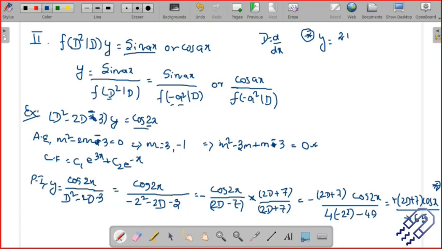Sir, in that term, cos 2x by, sir, that is 2D plus 7. If we take the minus sign out. Which one? Oh, sorry.